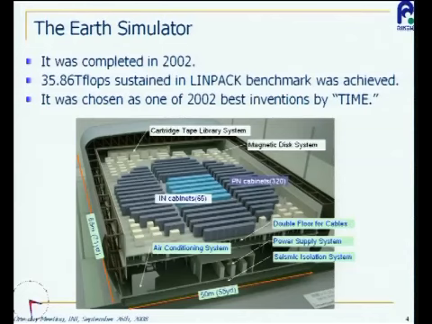This picture shows you the Earth Simulator system. It was completed in 2002, and it achieved 35.86 teraflops sustained in the LINPACK benchmark with the whole system.